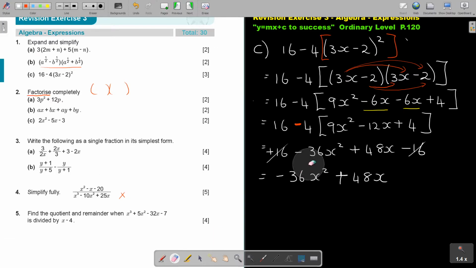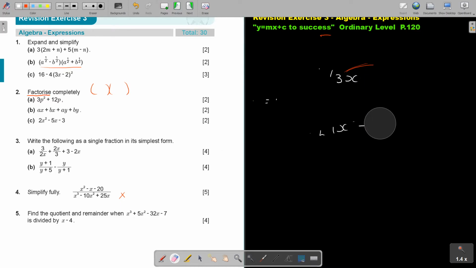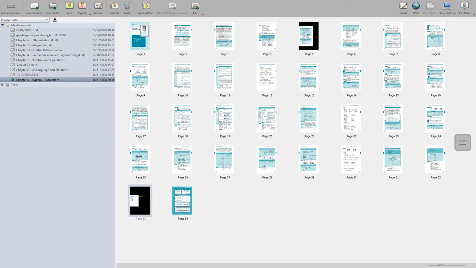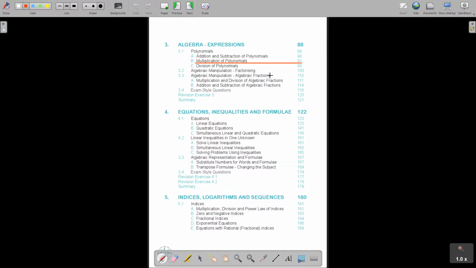I'm first just going to make space so that if I come back, I have space. Okay, I first want you to go back. This is my documents, and I can again go to the table of contents because the table of contents helps me to find things, and then I'm just going to look for factorize. That's here, do you see?